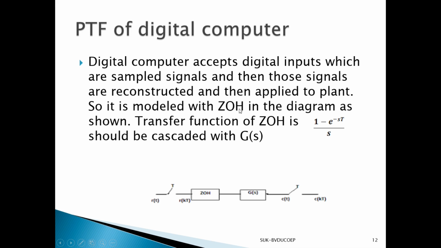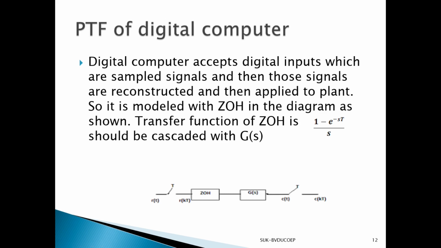We have studied in session 2 the zero order hold and its mathematical equation. So we can sample this input signal, sample signal, this R K T, then there is a zero order hold, and then there is a transfer function. So directly earlier we have shown that this X star T is coming to G S, but in a digital computer we have to replace this by ZOH. So there will be one more block, because in mathematical analysis I have to consider this block with its mathematical equation.